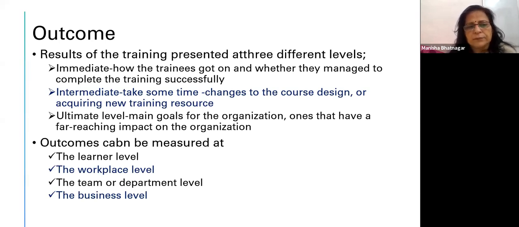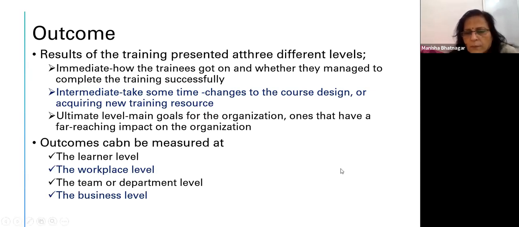Then the ultimate level, main goals for the organization, ones that have a far-reaching impact on the organization. Outcomes can be measured at the learner level, the workplace level, the team or departmental level, even the business level. So this is the CIRO model, and you can see that it is more restricted to the training.